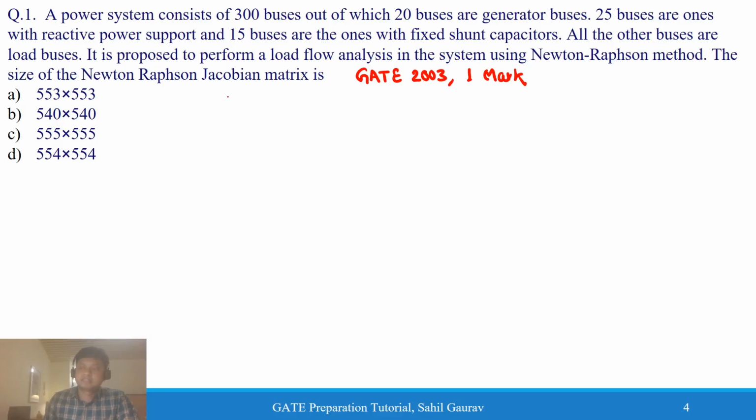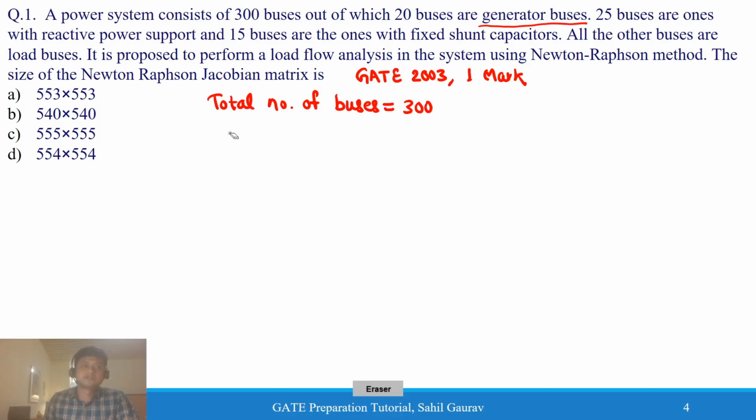So let us solve this problem. The total number of buses is 300, out of which 20 are generator buses. Total generator buses means PV buses, and it also includes the slack bus, because as I already told, if they write generator bus, then it includes the slack bus also.